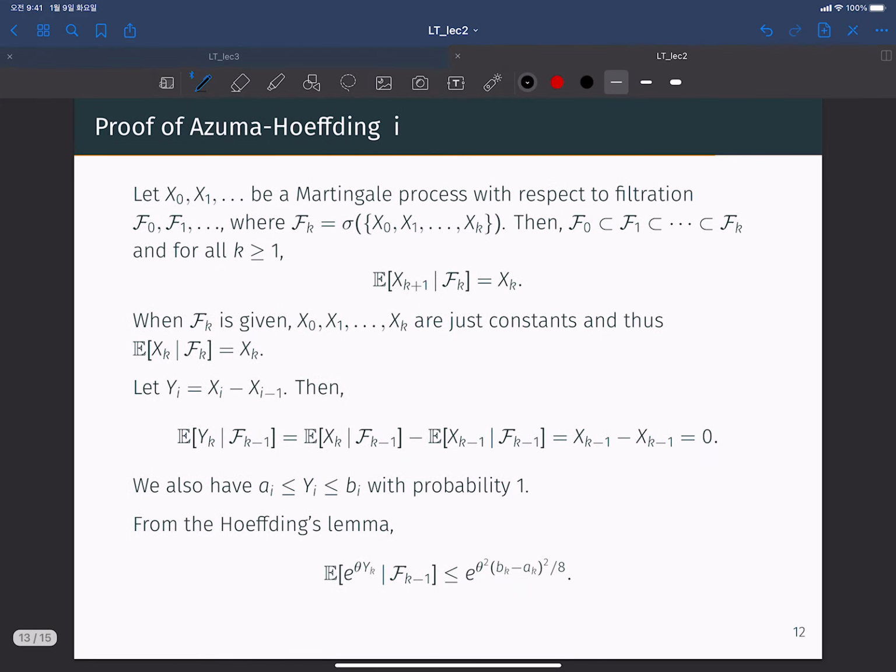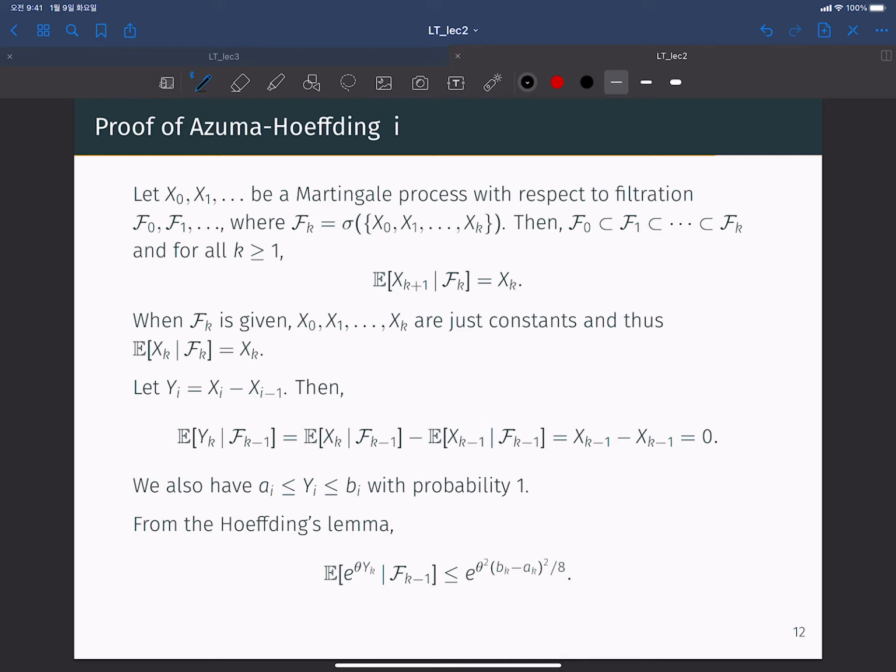So the proof of Azuma Hoeffding's inequality is also very similar to previous proof techniques. Let x0, x1, be a martingale process with respect to a filtration. Here the filtration is kind of the past history, the observations up to some point, right?